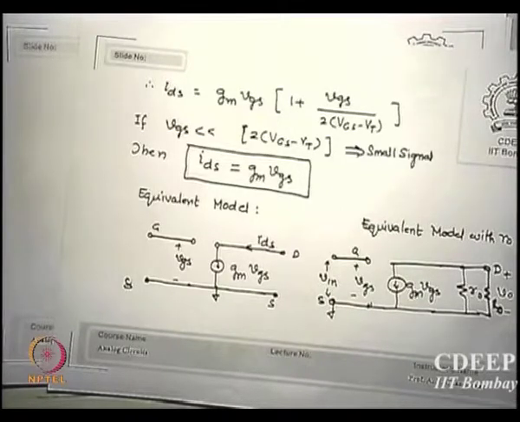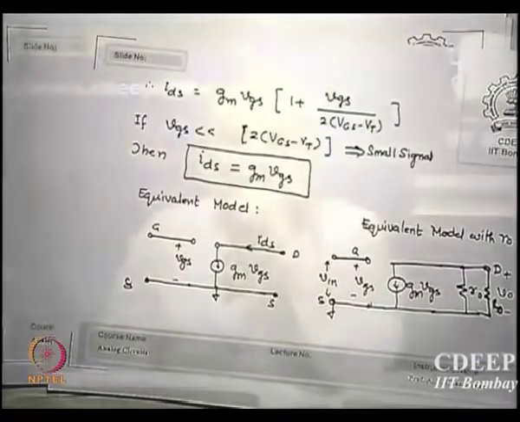R0 is of the order of how much? Tens of mega ohms, at least one, but even 10. Depends on lambda, which will be given to us, whatever lambda they say. If that is so, what is the actual resistance I am going to get here? RD only, because RD will be in few kilo ohms, tens of kilo ohms, 20 of kilo ohms, but this will be in tens of mega ohms.